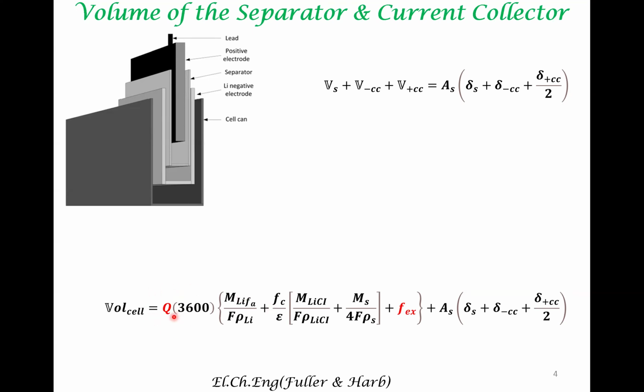Again, that depends upon the capacity of the individual cell. These are the volume contributions from the separator and the current collectors.